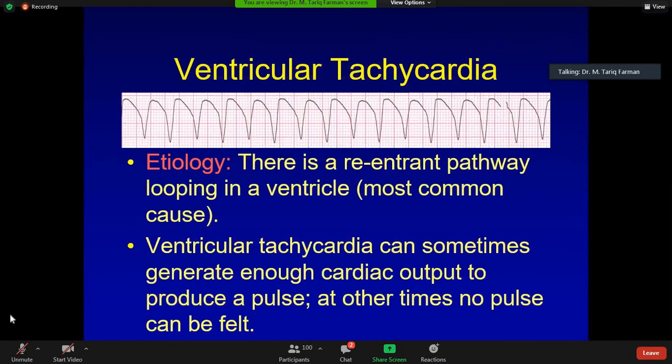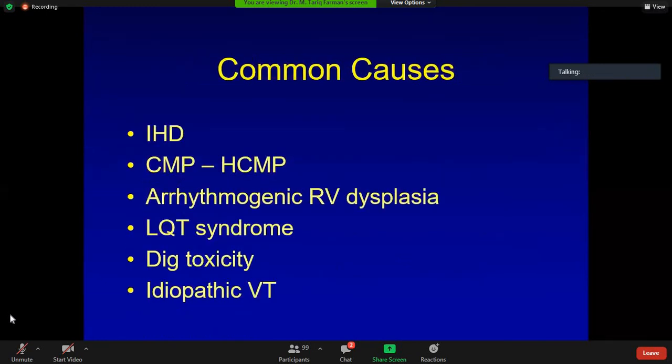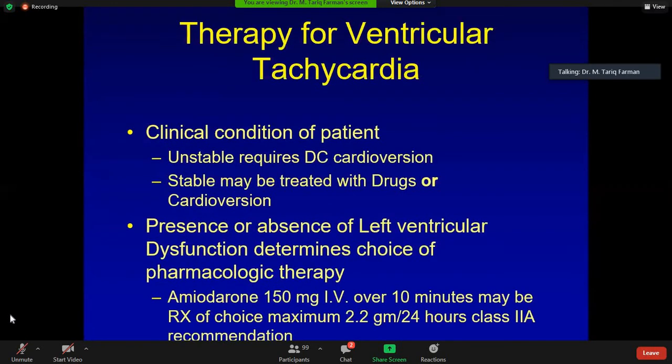This is called electrical cardioversion, DC cardioversion. So these kinds of patients need DC cardioversion. Common causes: ischemic heart disease, cardiomyopathy, arrhythmogenic right ventricular dysplasia, long QT syndrome, digoxin toxicity, idiopathic VT.